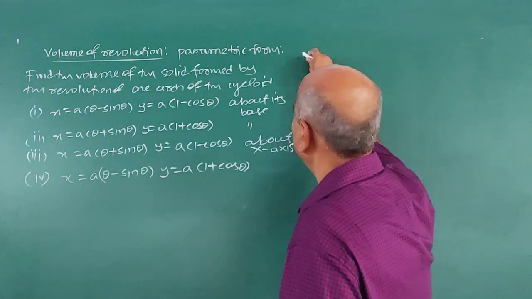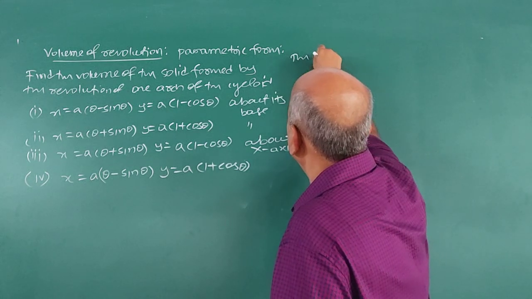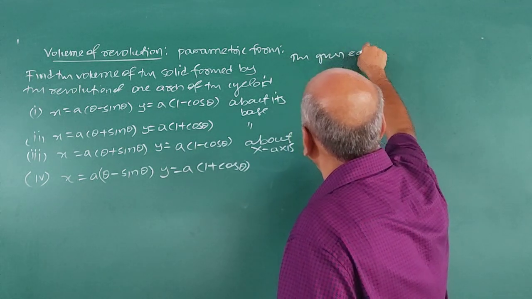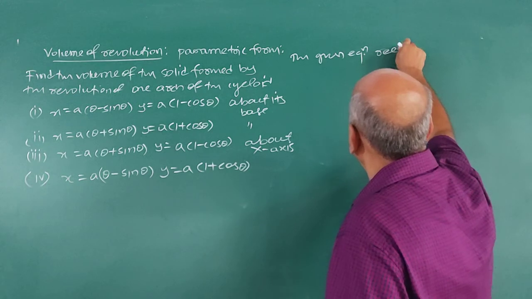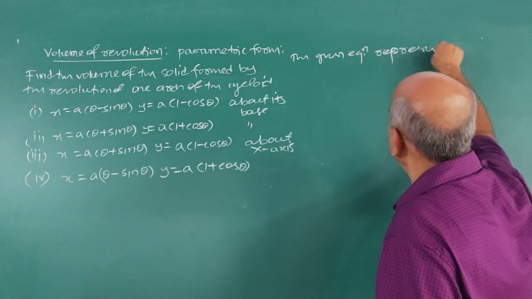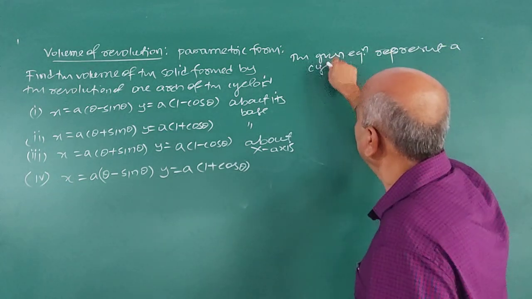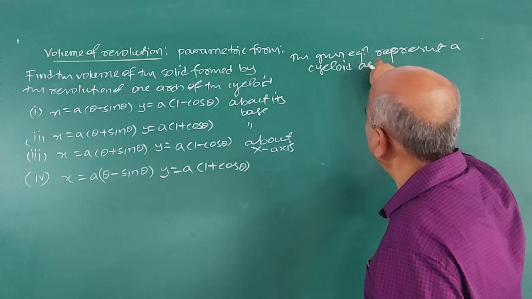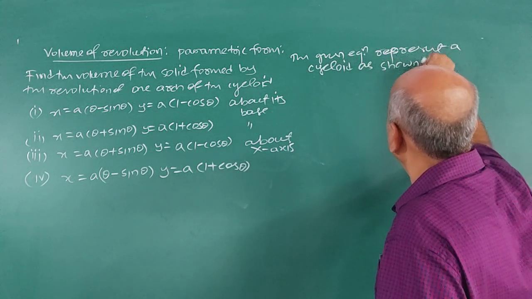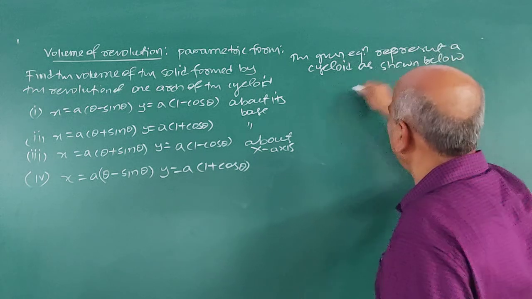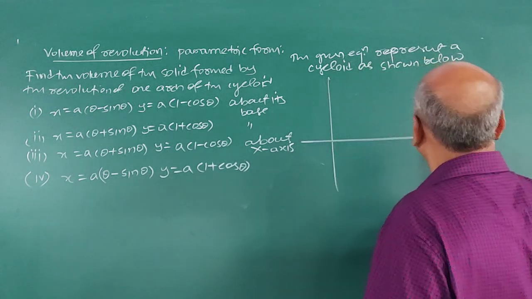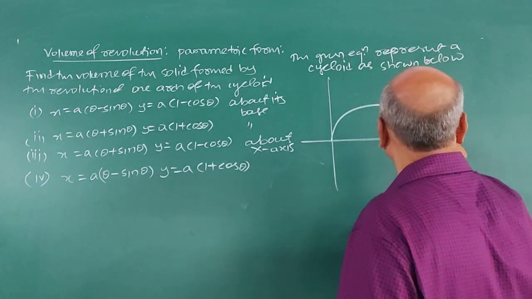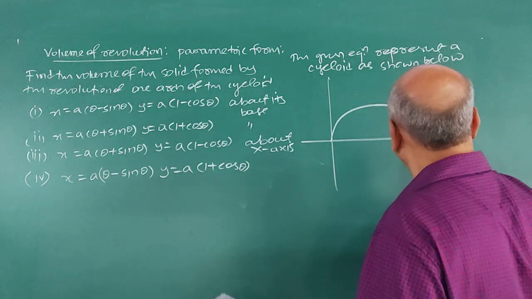First one, cycloid is as follows. The given equation represents a cycloid as shown below. We take one arc here. One arc of the cycloid is like this.